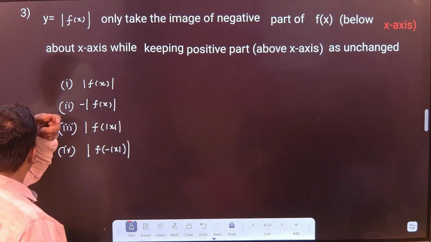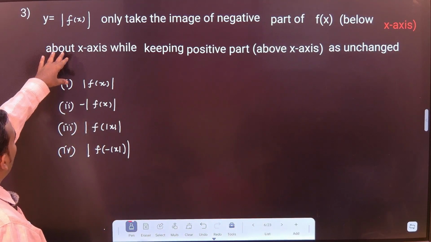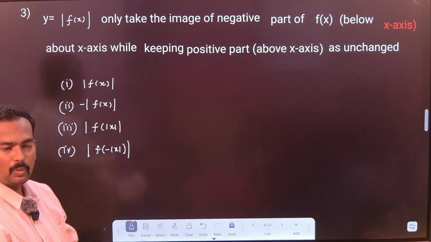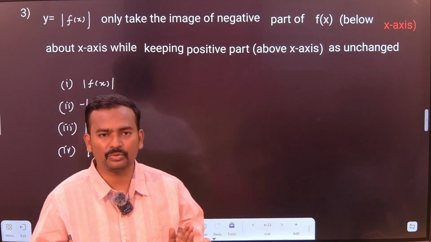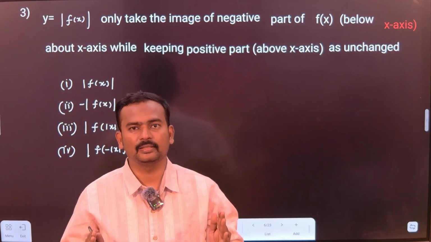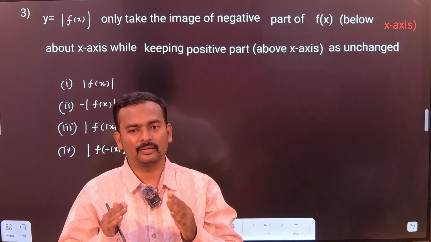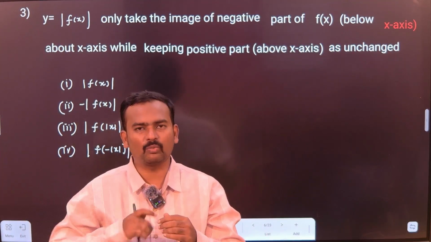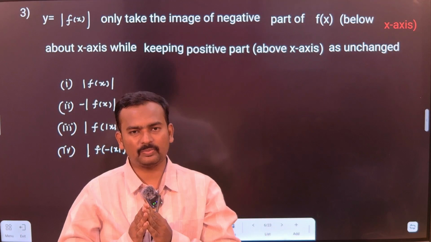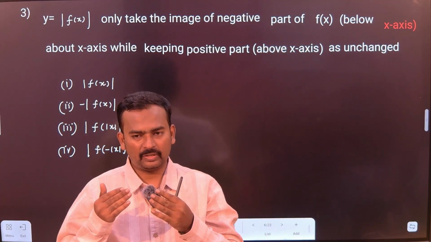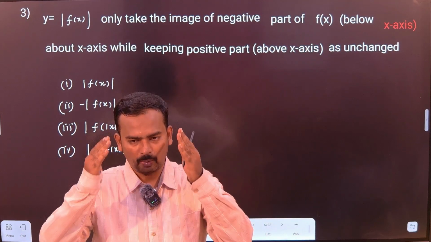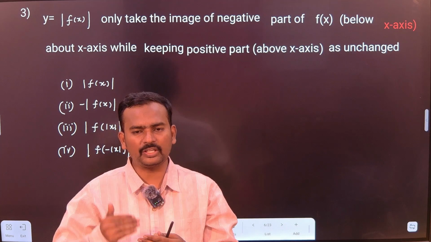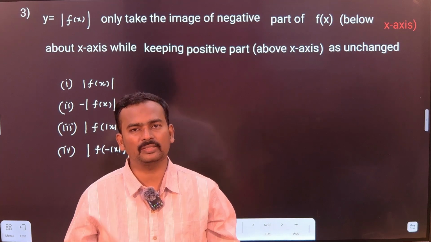Third one, you can see y is equal to mod f of x. Whatever the function is given to you, put modulus, right? What is the meaning? Mod f of x is the curve which covers the y-axis, positive and negative. But when you apply the mod, the negative y values should be removed, right?